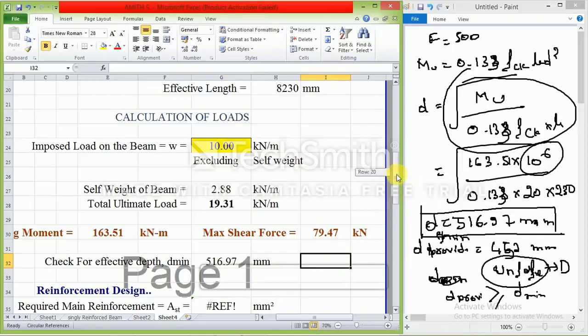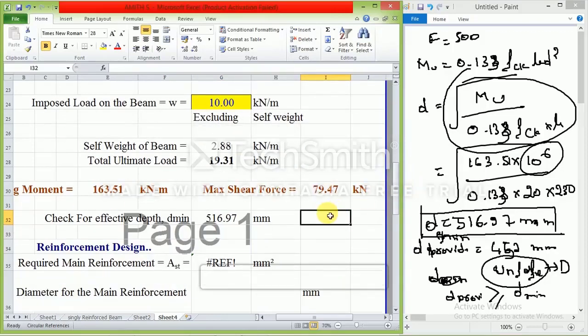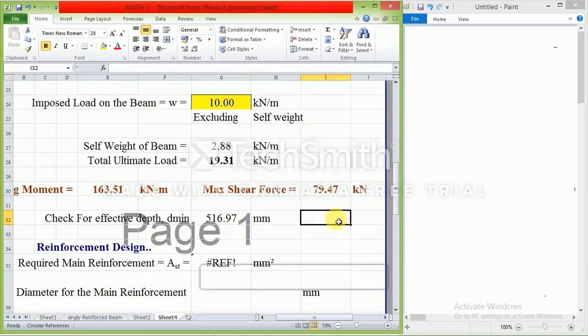So I apply some formula here so that it directly shows safe or unsafe. I need to enter a formula so that my Excel sheet shows whether my structure is safe or not. So what is the formula?